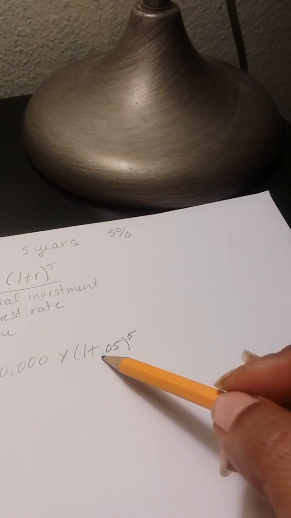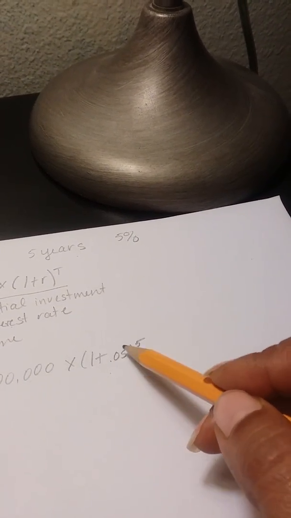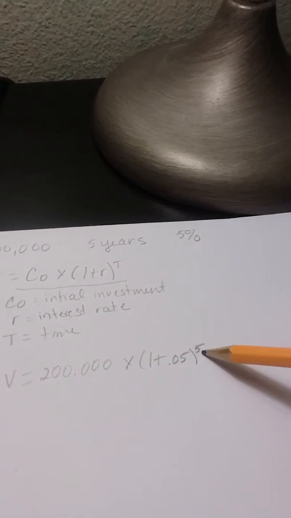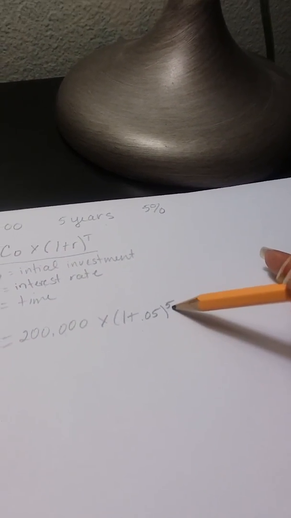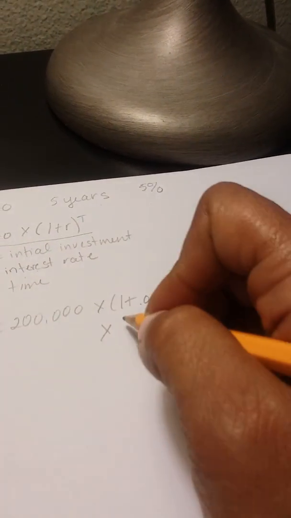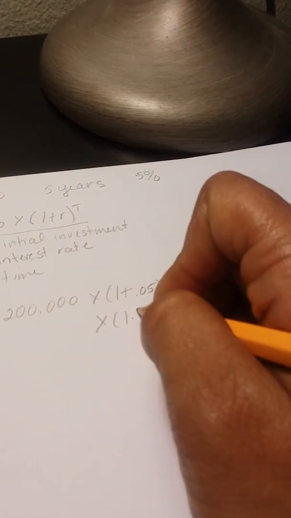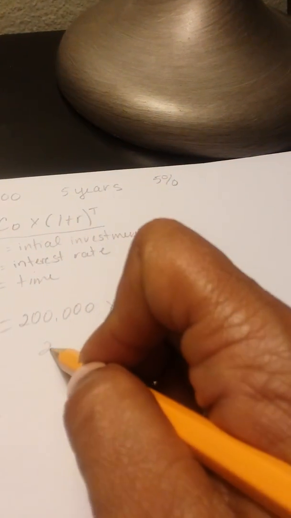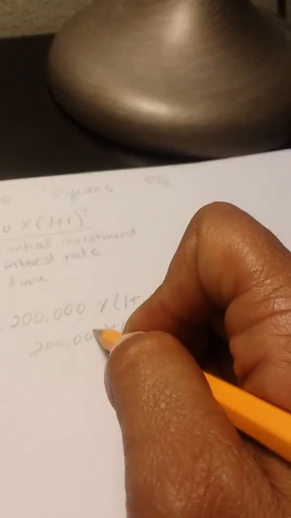We change this to a decimal, so 5% becomes 0.05, and our time period is going to be 5 years. And so, of course, we do our parentheses first. So this is going to be 1.05 to the 5th power, and we carry this down, $200,000.